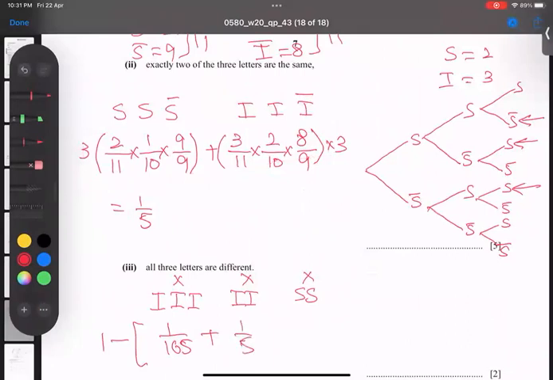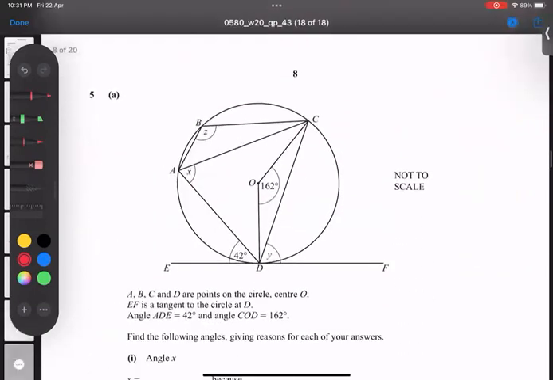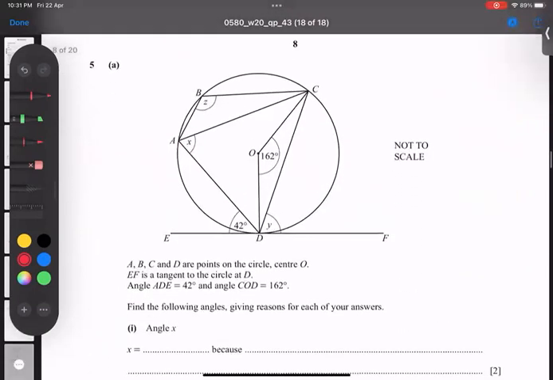So 1/5 comes for these two values. I hope you got the point of how I subtracted from the total. So the answer is, if you subtract, it turns out to be 131 over 165. That's it. And let's go for the next question, the circles topic.